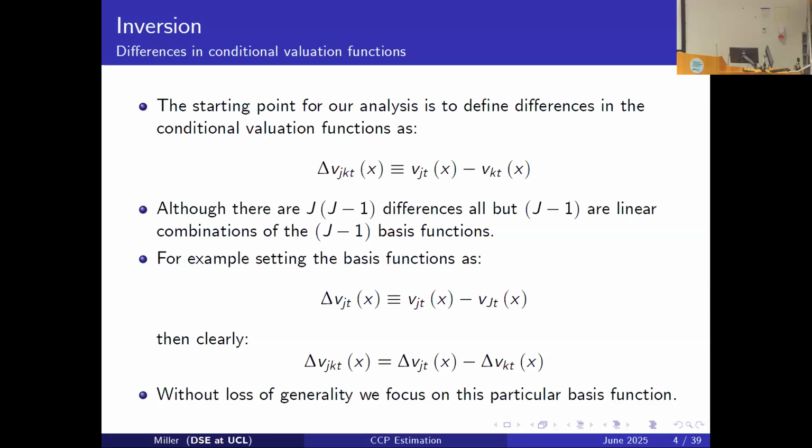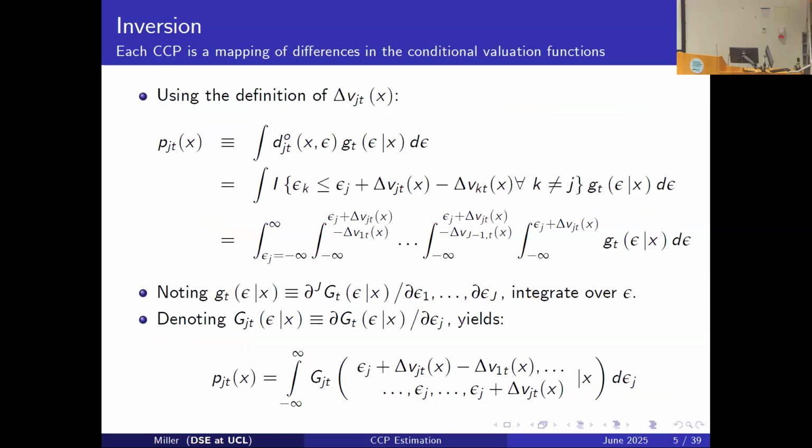That's this part here. So for now, let's think about the difference between the conditional value function associated with choice J and the conditional value function associated with big J. So we know that the choice probability is just the optimal action.